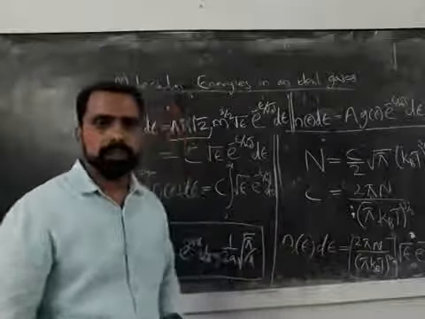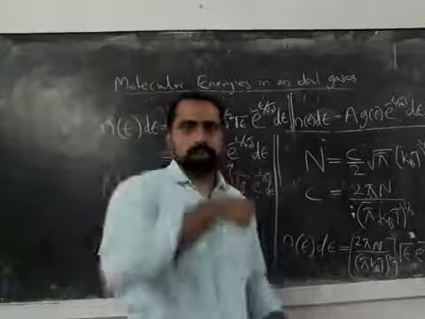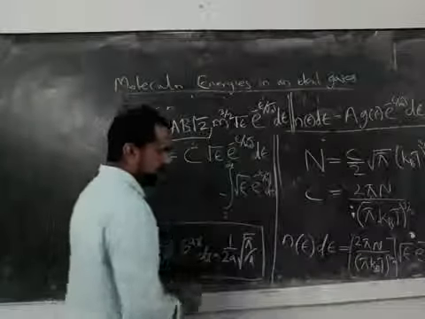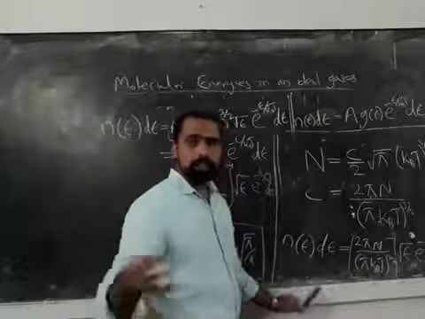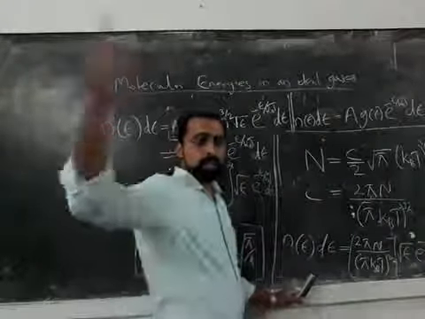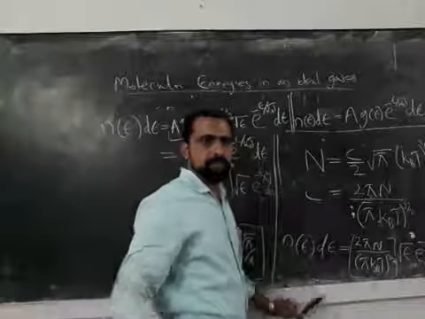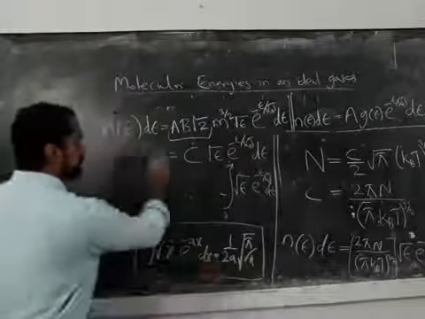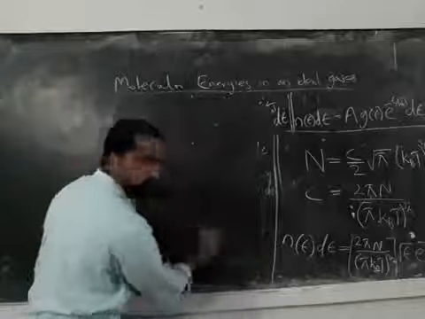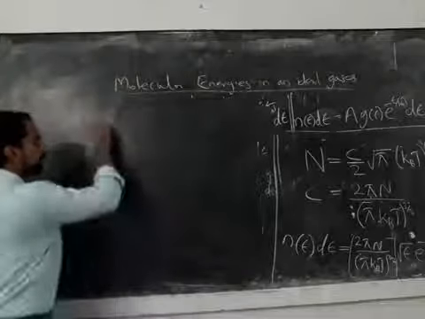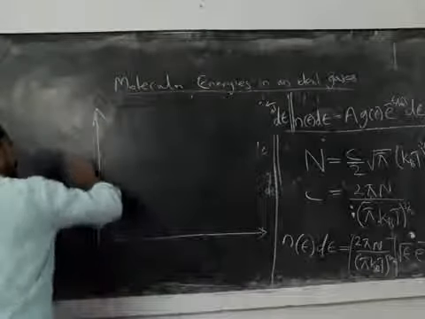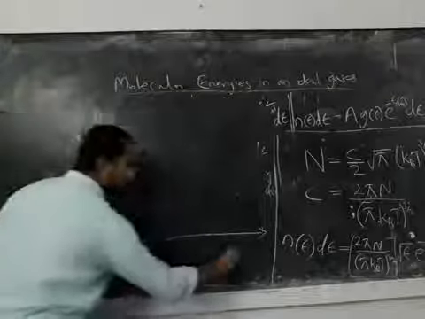So we can make a diagram of the distribution of particles with different energies, to see how the number of particles changes from this expression as the energy is 1 kBT, 2 kBT, 3 kBT. This is N of epsilon d epsilon, and here this is epsilon.